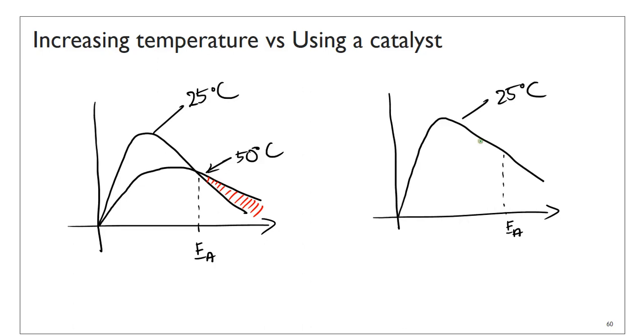Now, the decision on whether to use high temperature or a catalyst to increase the rate of reaction really depends on how expensive the catalyst may be and what temperature you need. And also one extra thing that we're going to talk about in chapter 8, which will take 3 weeks to finish. We'll see. Okay, so basically you lower the activation energy, and this is the added proportion of particles that can now overcome the activation energy barrier. So in this particular example, it looks like the catalyst is having a greater effect.